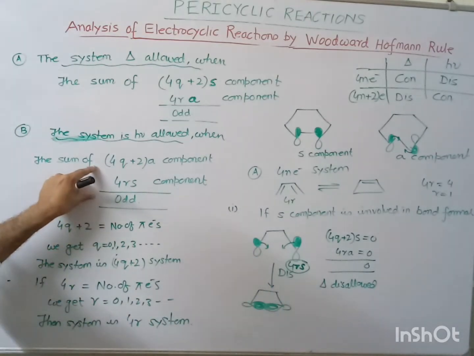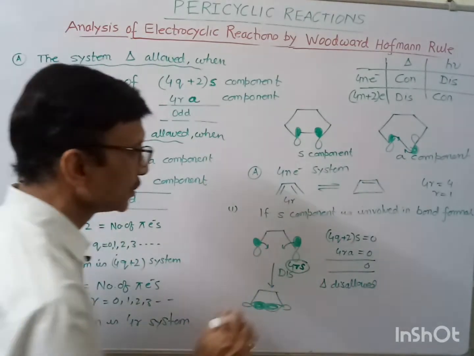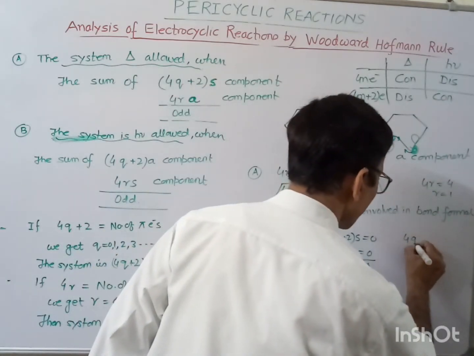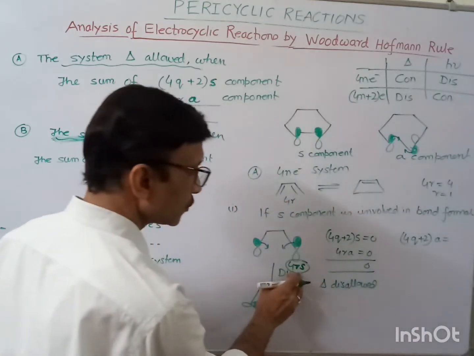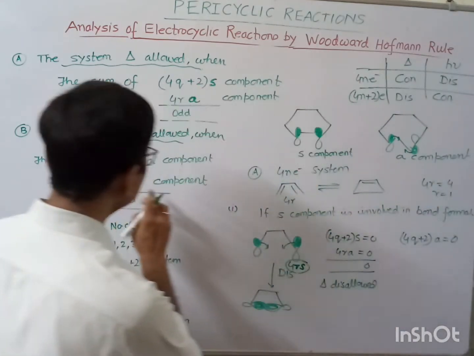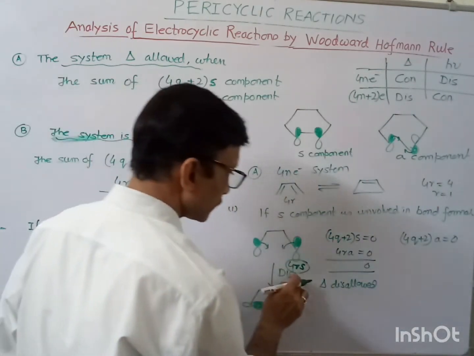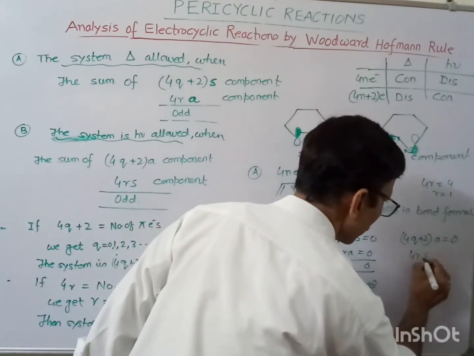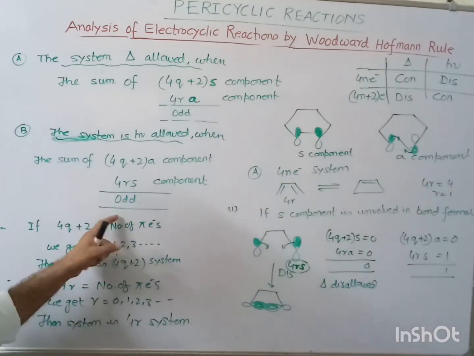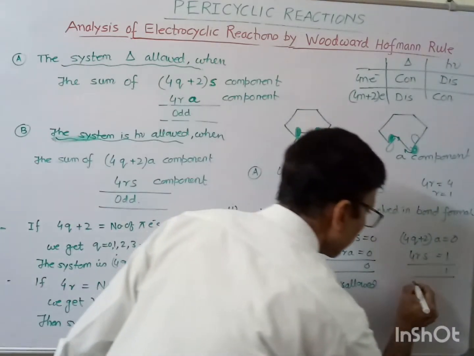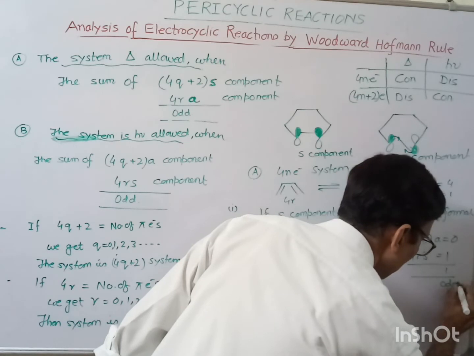Now we should check whether it is photochemically allowed. Here 4Q plus 2A is also 0. But 4RS is 1. That's why it is coming out to be odd. This is an odd number.